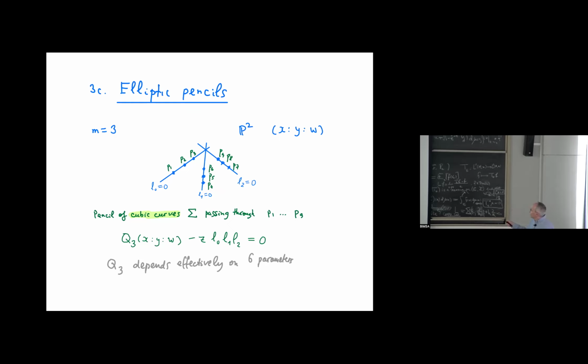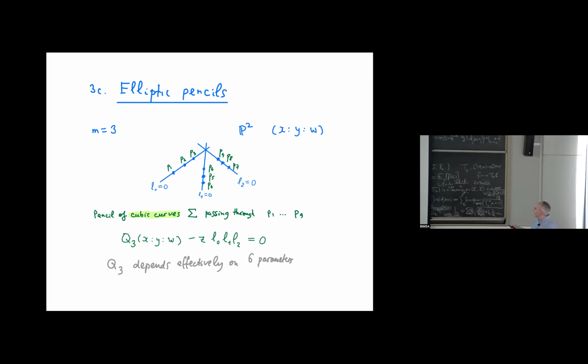Okay, so first of all, if you pick 9 points generically like this, there will be no other elliptic curve passing through these 9 points except the reducible one, which is the product of these 3 linear forms. But if you impose just one constraint on these 9 points, roughly saying that the sum should equal 0, then there will be a pencil, exactly one-dimensional family of cubics through these 9 points.